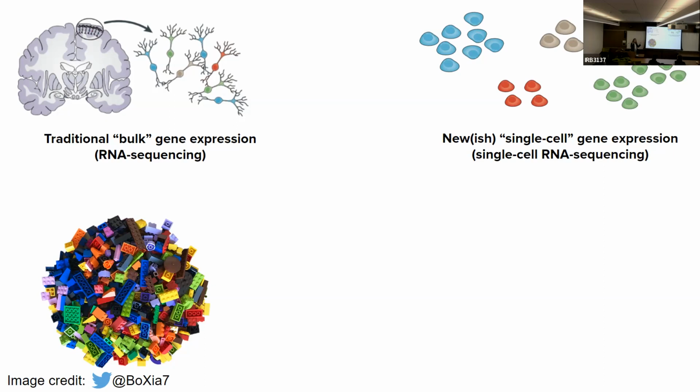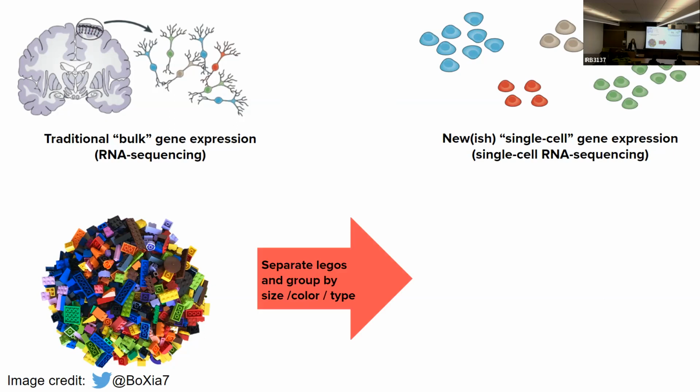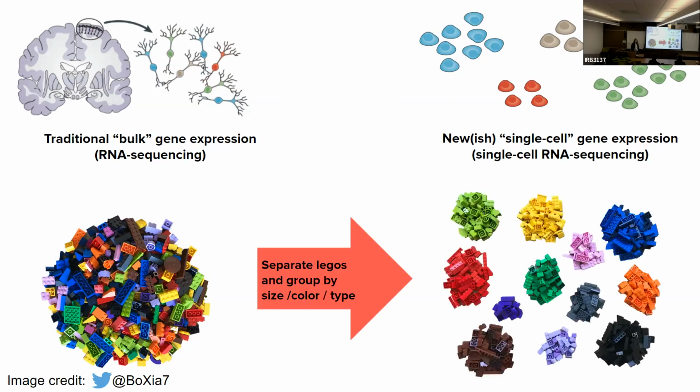And so you get to see the different cellular resolution, maybe the colors represent different cell types. The analogy is, it's like taking our big pile of Legos and being able to separate it into nice little piles. Maybe you get information about the different types of cells that are in your population, and about the relative proportion of each cell type and so forth.